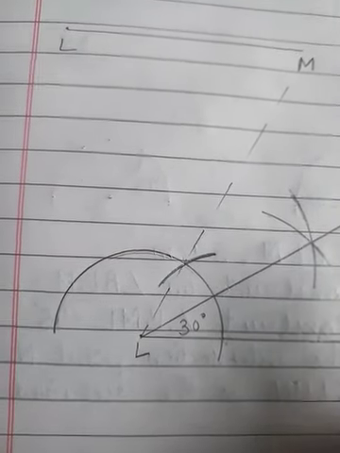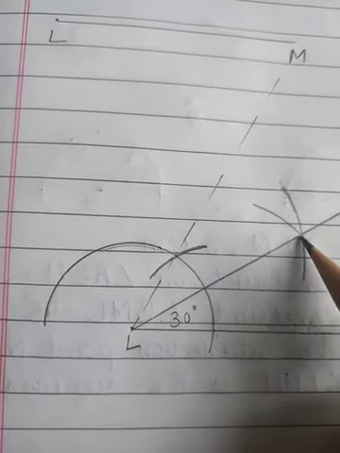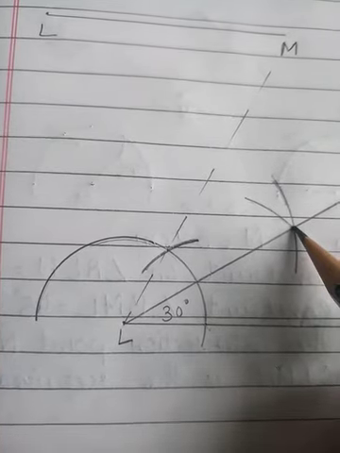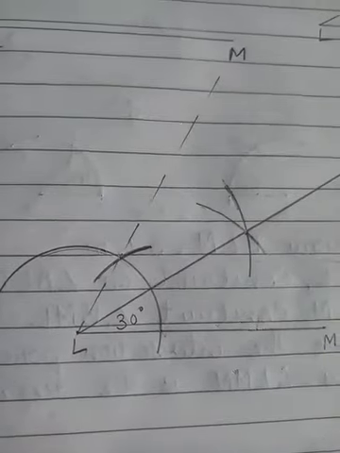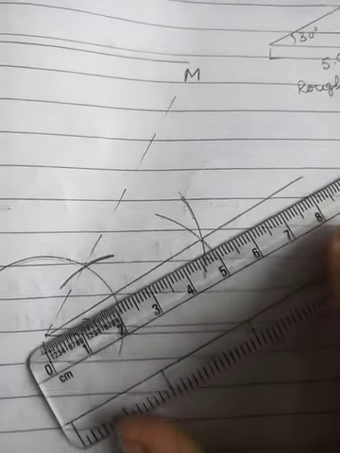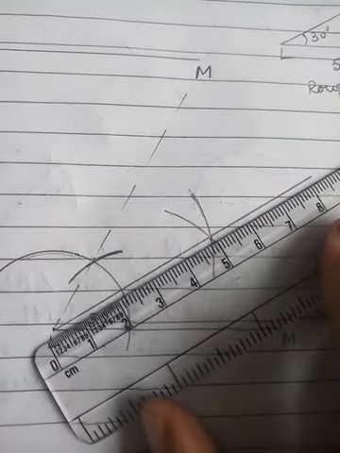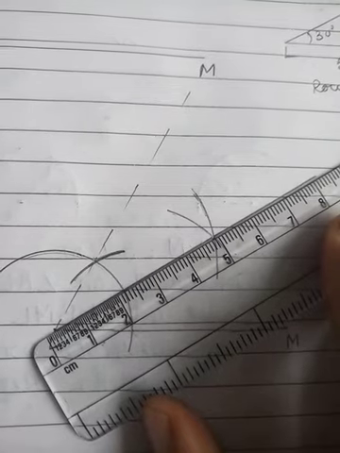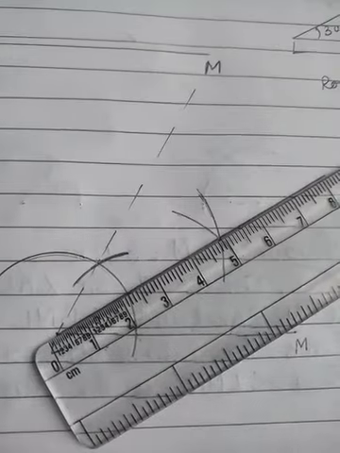At the point where the two arcs intersect, by passing through this point we need to draw a straight line with the help of a scale.